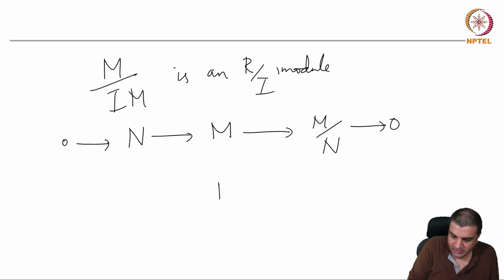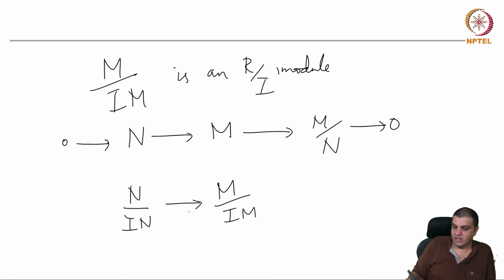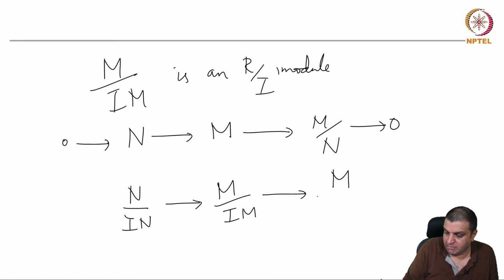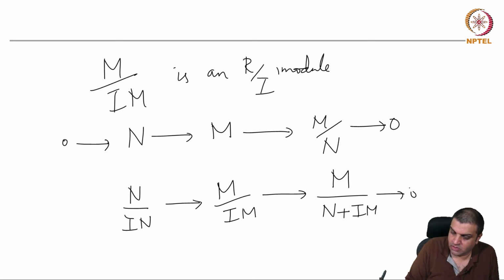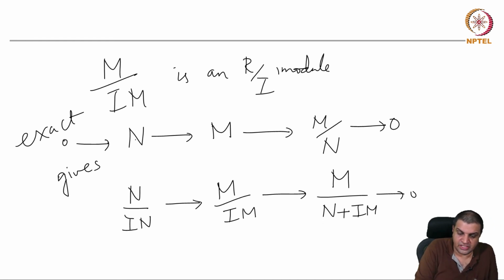So we will get M mod IM here. Here we will have M mod IN, but this need not be injective. And then out here we would have M mod N. N has already been set to 0. So in addition we are setting IM to 0. Notice that this was injective, but here there is no guarantee that this is injective. But one would get such a sequence.